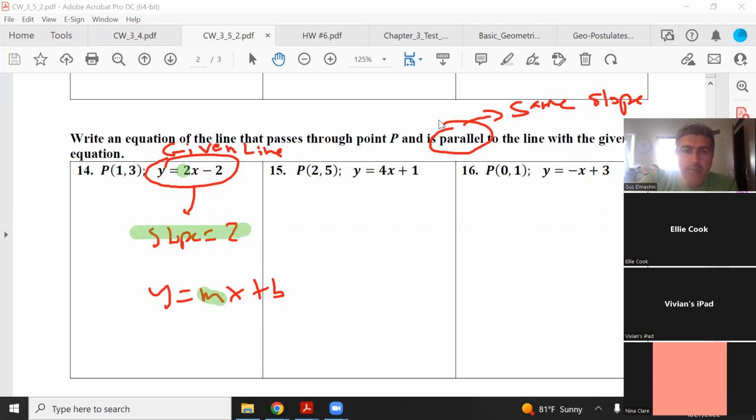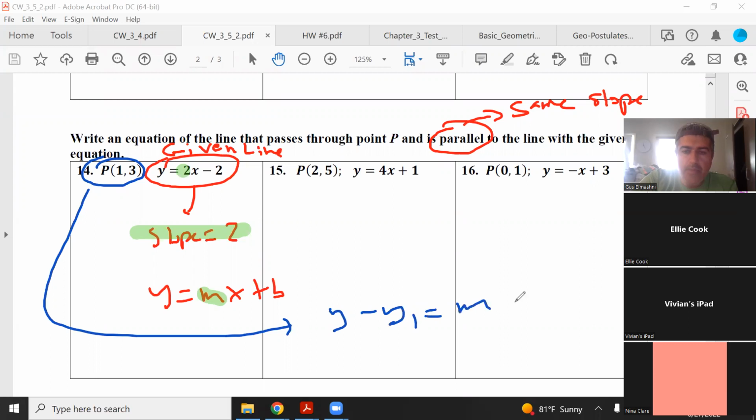Now you're also given this point (1, 3). I'm going to use point-slope form, and I'm going to get in the habit of doing that because it's a technique that will be better as we move forward in math over the next few years. So my slope is 2, and my given point is (1, 3), so 1 for x1 and 3 for y1.